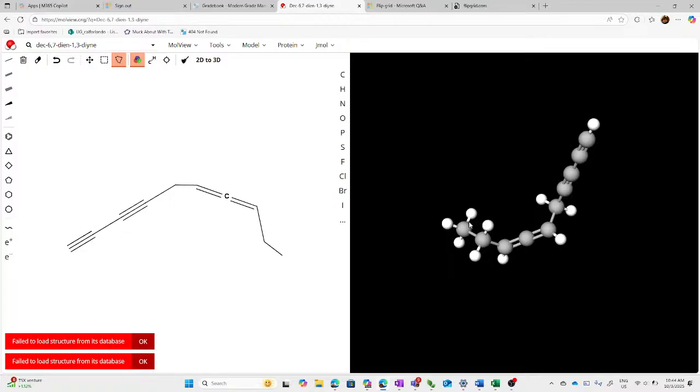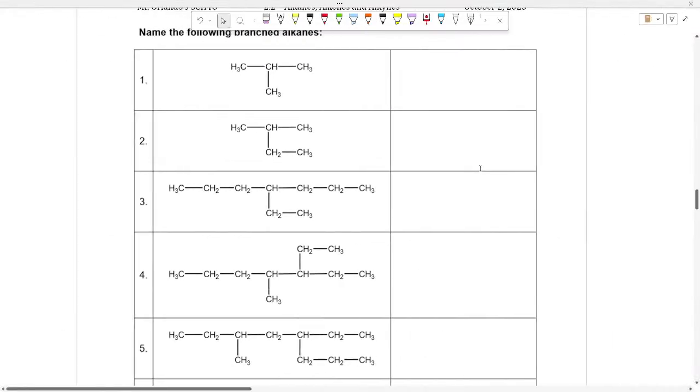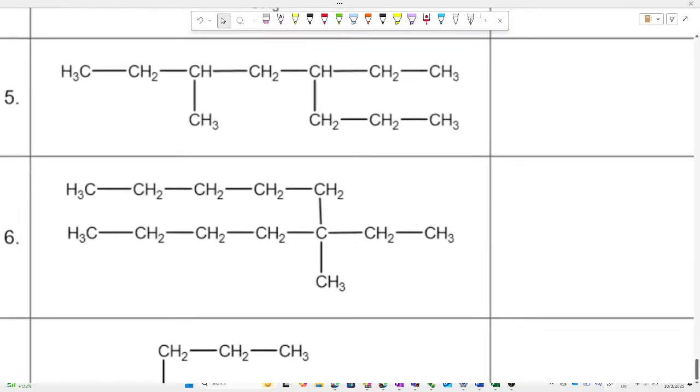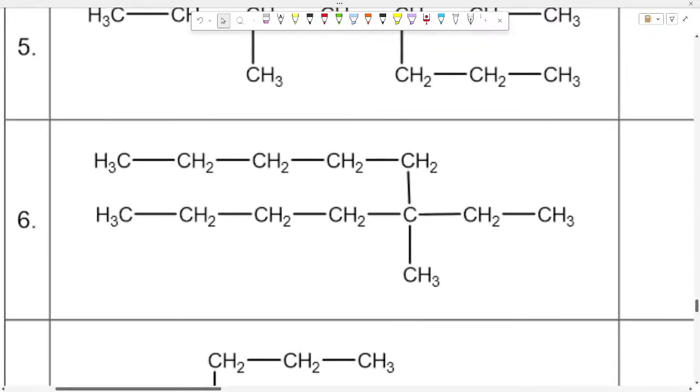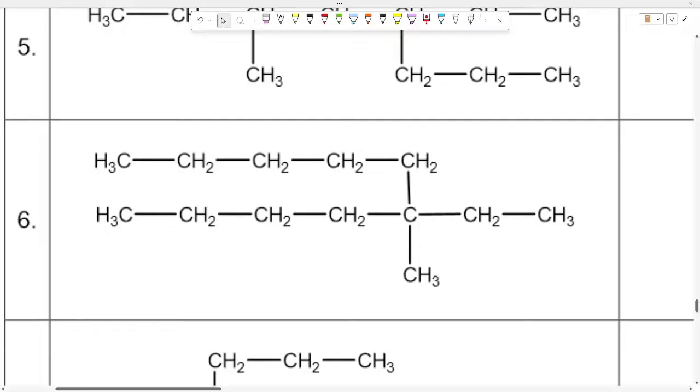Yeah. So guys, just a reminder, when you're doing your homework, keep in mind that the longest chain can be deceptive. For example, let's look at this fella here, number 6. Where's the longest chain? Is that the longest chain? No, we can actually make a really long chain here.